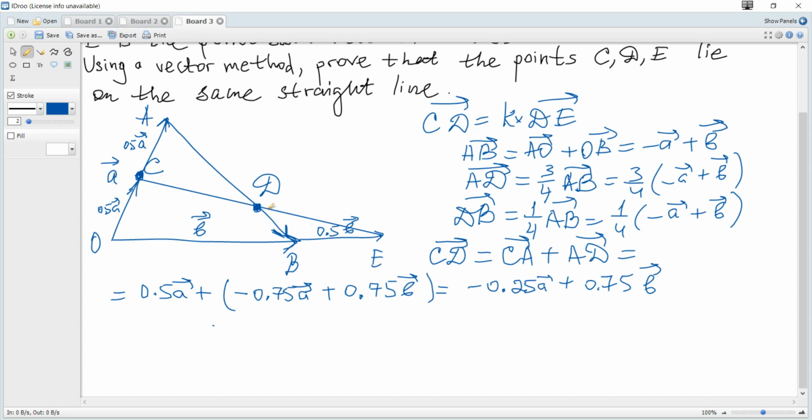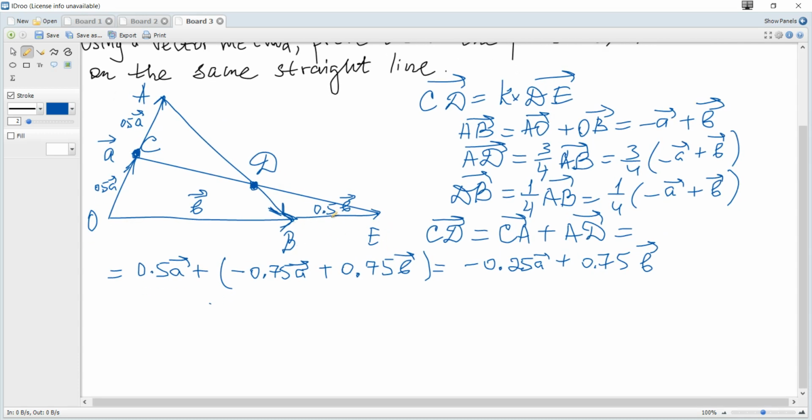And let's consider DE, and let's find DE. So DE is equal to DB plus BE.